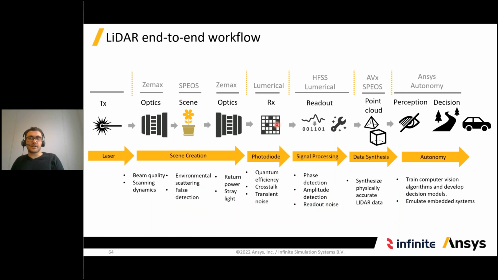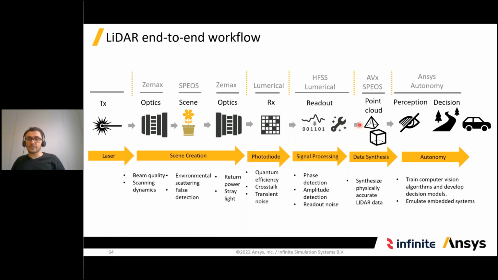And for LiDAR, we have an end-to-end flow. So a LiDAR that emits a laser, you can simulate the optics. The laser will hit a scene, so for example, another car which can be simulated in SPIOS. The signal will be returned, and that is collected again by optics. The camera sensor can be done in Lumerical, and also the signal processing can be done in Lumerical and HFSS.